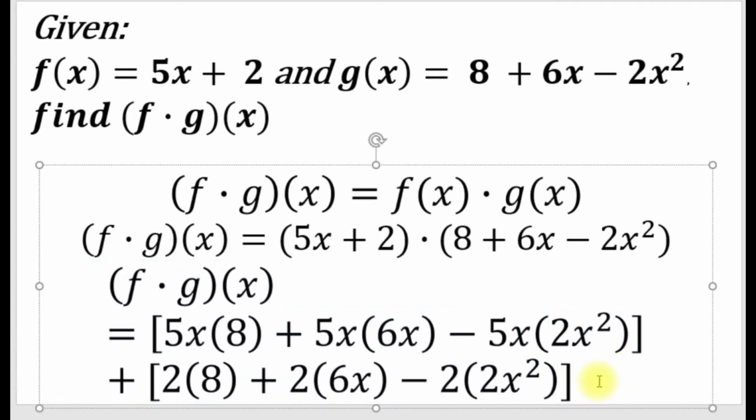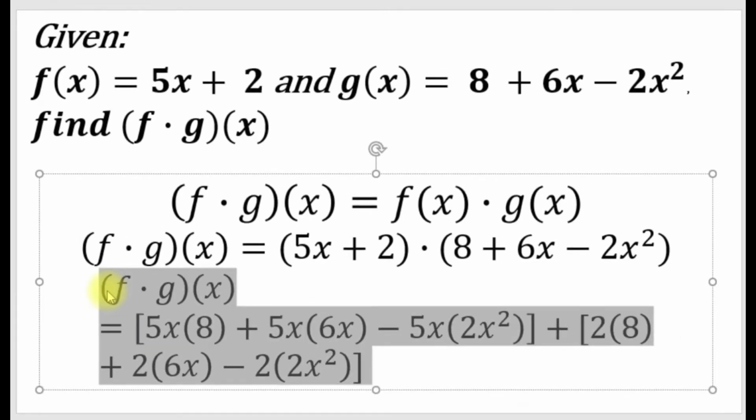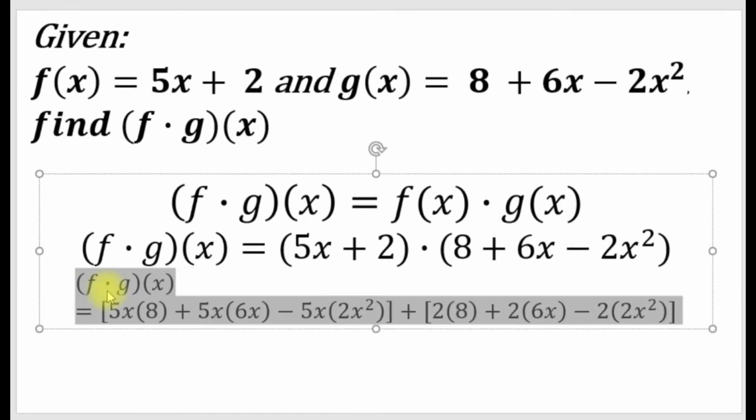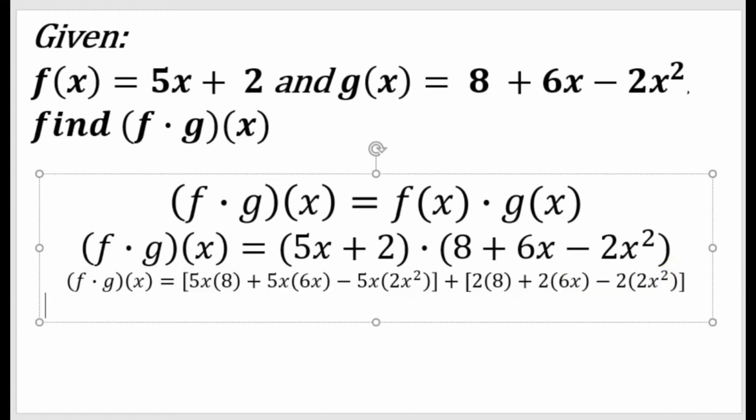Okay? Then after that, we're going to simplify further. Okay? So doing that, we'll have 5x times 8. That's 40x plus 5x multiplied by 6x.